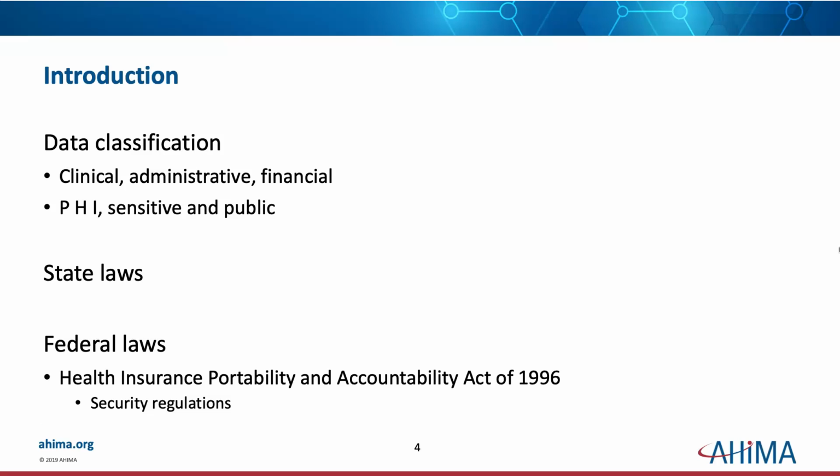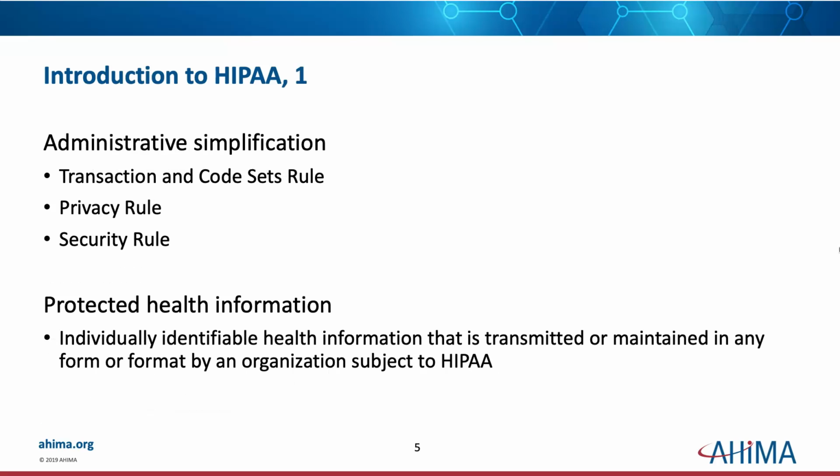As we know from studying HIPAA, there are a lot of security regulations in HIPAA that govern how data is used and disclosed. Part of HIPAA was the administrative simplification part, where it went in to standardize transaction and code sets, clarify the privacy rule, and really get into detail about security.